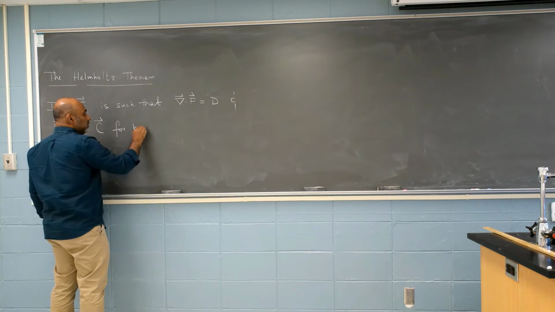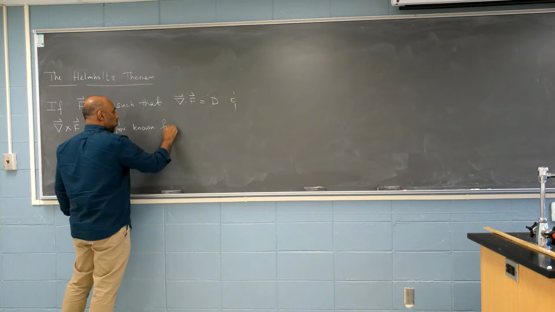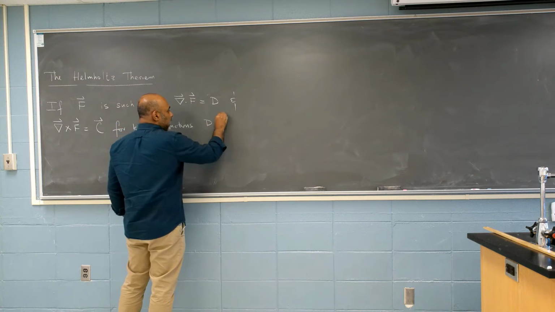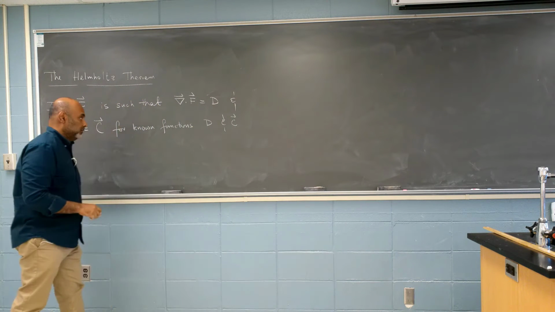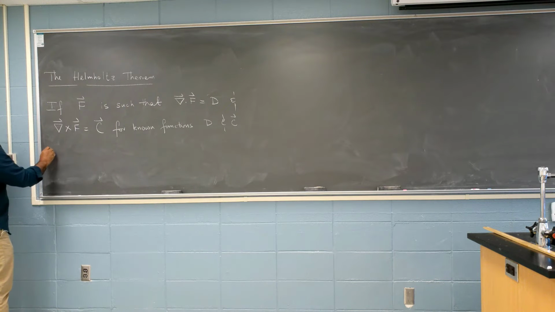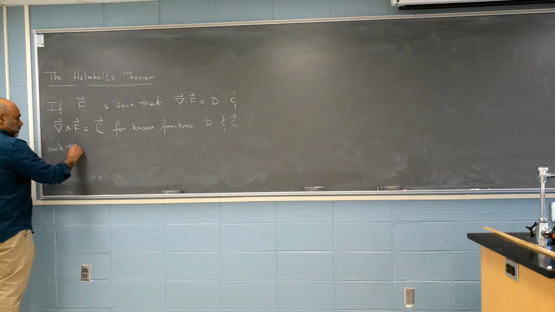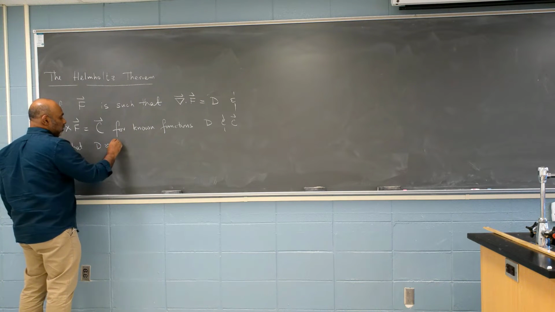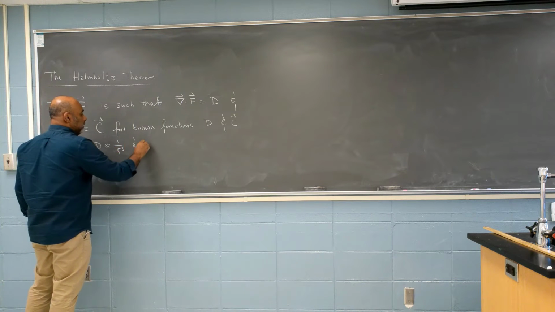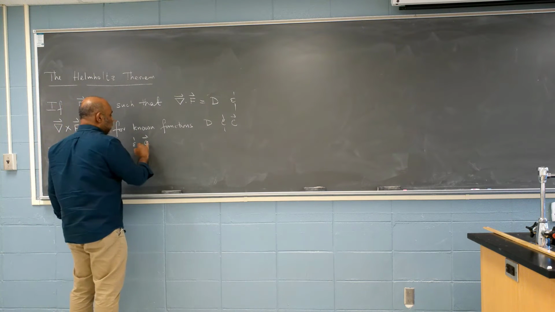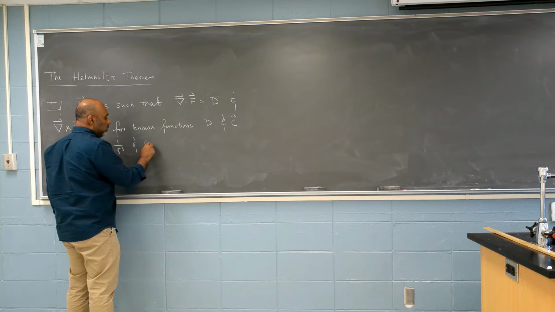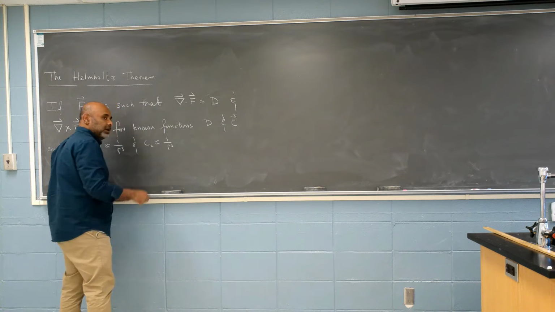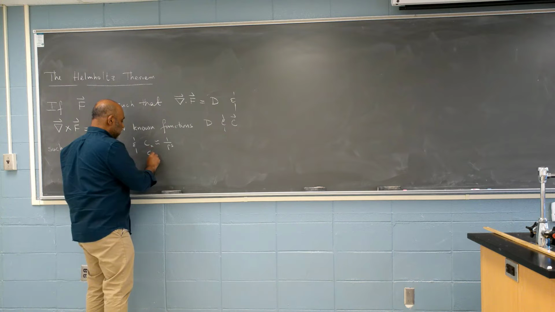For known functions, or functions that are given to you, known functions D and C, such that D falls off as 1 over r cubed, and C vectorially, so I should say each component, Cx falls off as 1 over r cubed, Cy falls off, well, Cx, Cy, Cz.